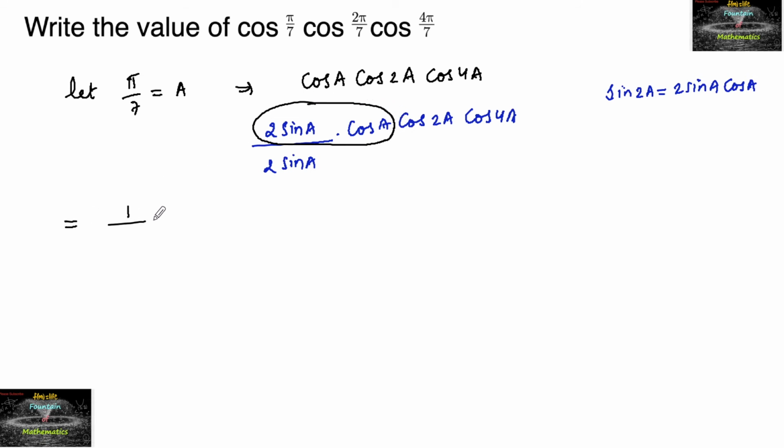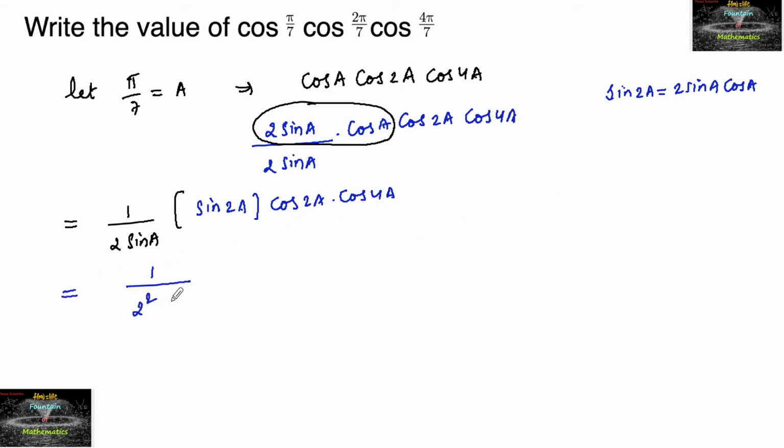So this is equal to 1 upon 2 sin a into 2 sin a cos a, that is sin 2a, into cos 2a into cos 4a. And again let us multiply and divide with 2.